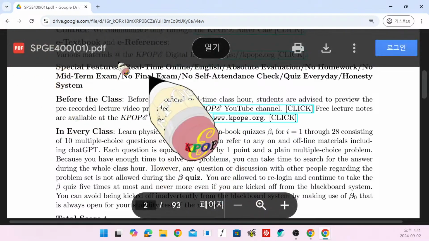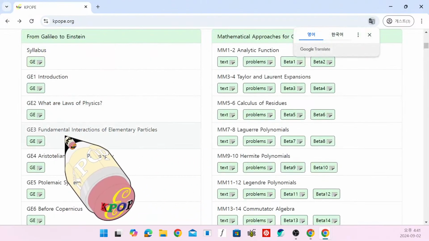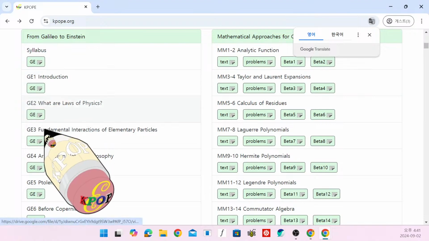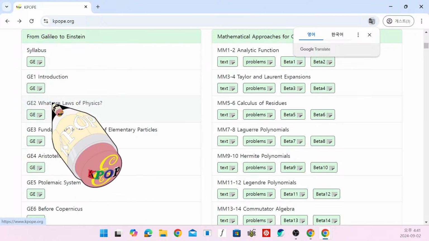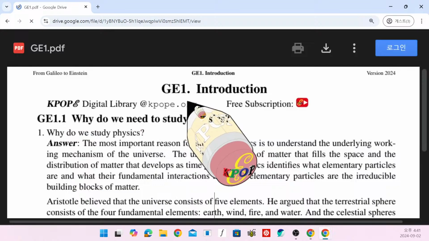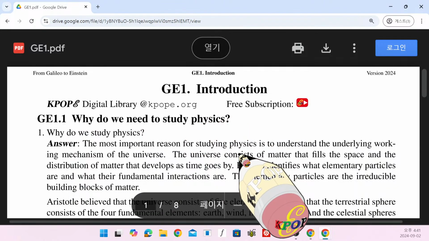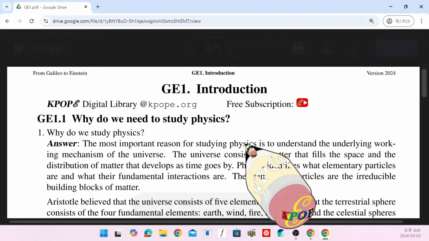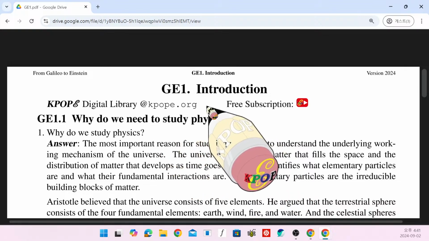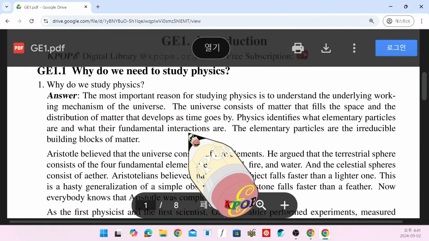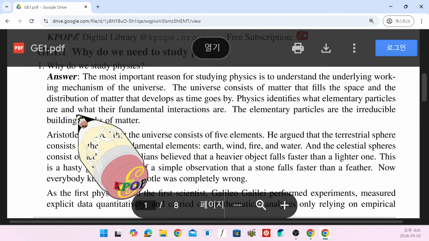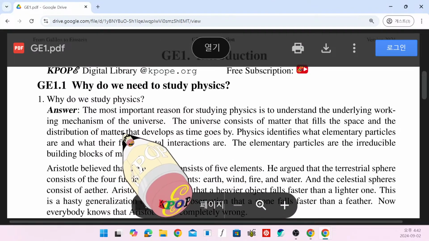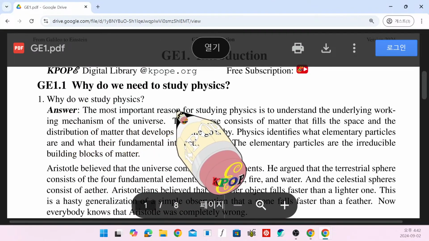Let's see. Come back to the introduction for the Monday, Tuesday, Wednesday class. We will take the beta exam, the GE1 introduction. What you need to do is to read it through. The topic is quite simple. Why do we study physics?